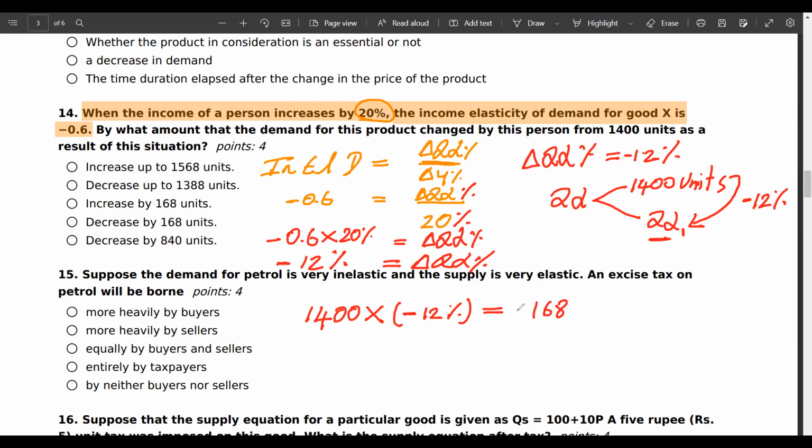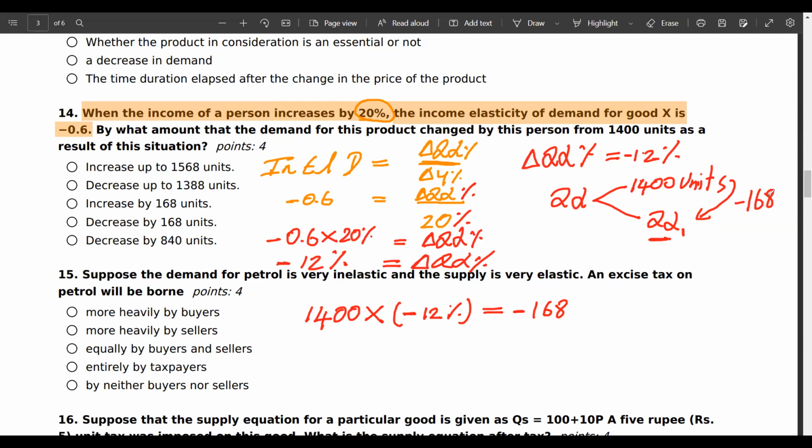Since we have a minus here, I'm going to put minus 168. So when this consumer's income increased, what has happened is demand of the consumer has dropped. Dropped by how much? Minus 168 units.